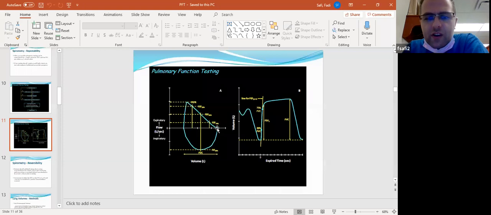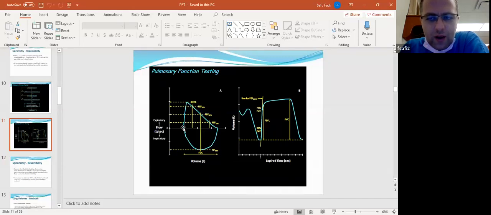So if you start from residual volume and you fully inspire, what point do you reach here? You reach a point we call total lung capacity, right? The residual volume is here. You start from this point and ask him to take a deep breath until you reach here. Once you reach here, that's the maximum inspiration of the lung.